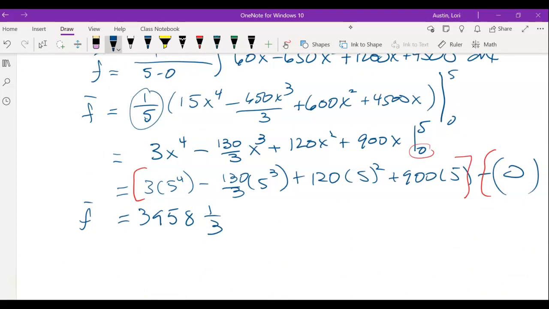We already did it as part of the problem. Oh, divided by. Oh, right. No, it's 3,958 and a third. Yes.